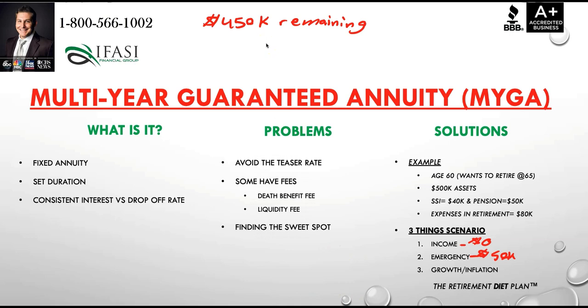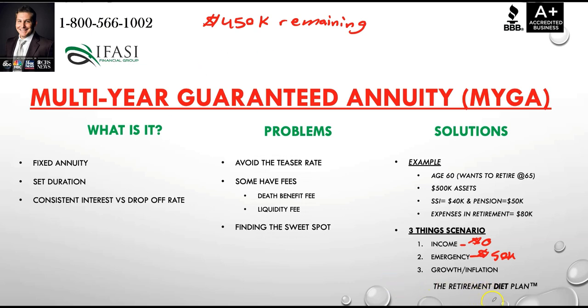These are all splurge monies, more of my fun monies, and I want to invest that more aggressively. Or you could splice it up and make sure that you have some that's very aggressive, some that's more conservative, a safe accumulation type strategy, and then others that are more of that fixed realm, such as the MYGA.